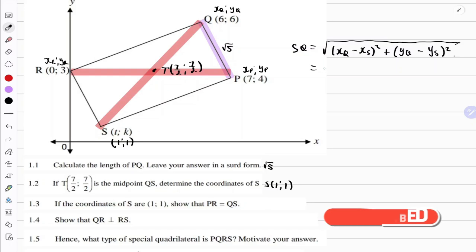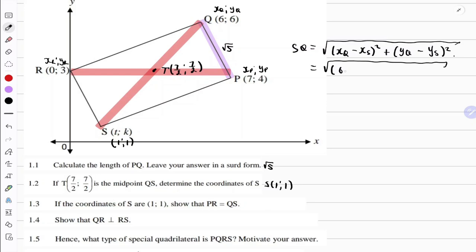So upon substitution, XQ for the given case is 6 minus XS is 1 squared plus YQ 6 minus YS is 1 squared.